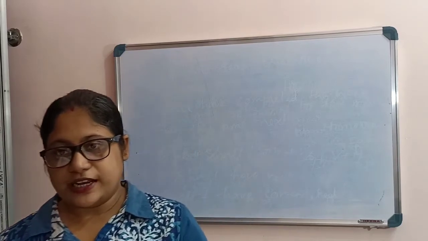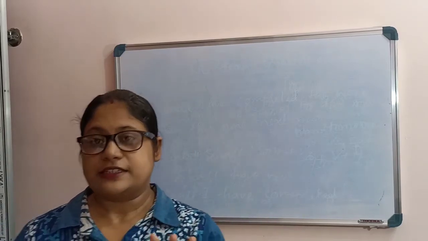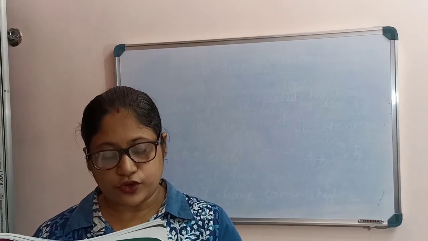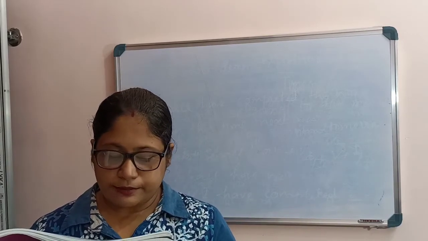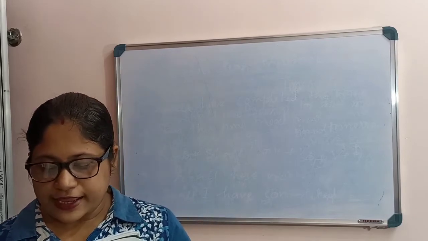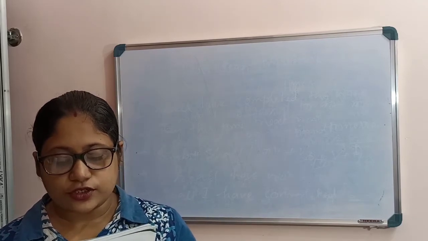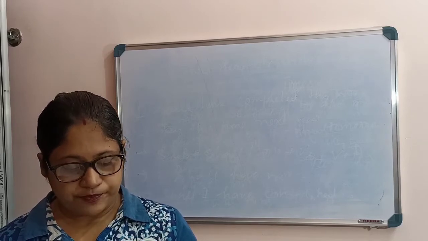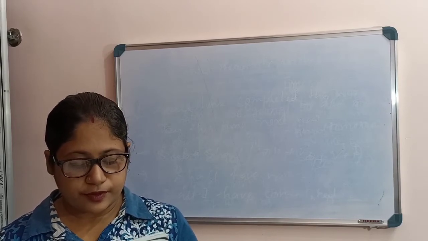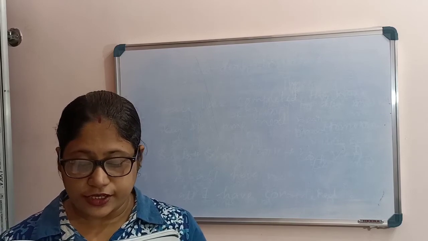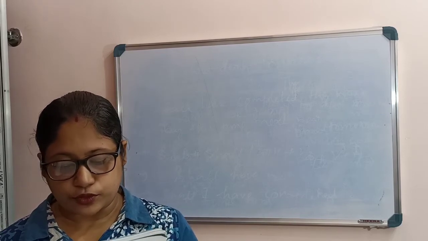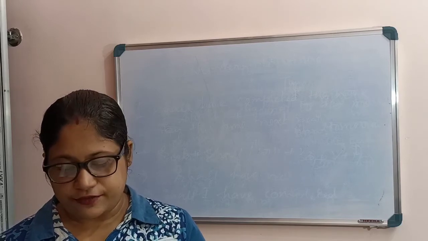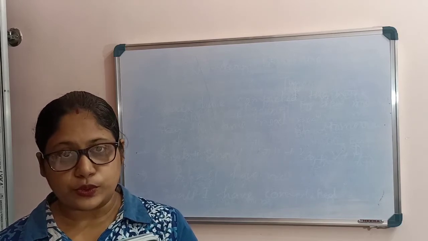Obviously it is future continuous: I will be playing video games as well. Number 3: the school will remain closed until next week. Number 4: hey Rohit, I hear you will be leaving for Singapore soon.